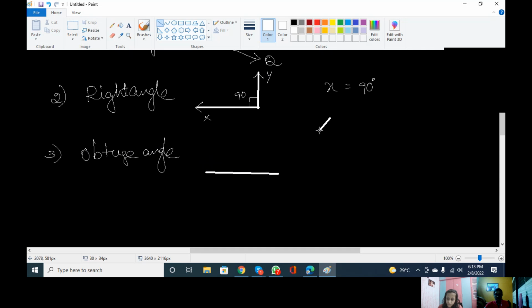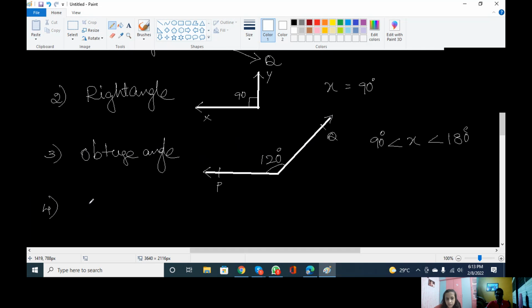More than that means you will exceed 90 degrees, like 105, 120, 130 degrees. All are obtuse angles. So an angle whose measure is more than 90 degrees and less than 180 degrees is called an obtuse angle.